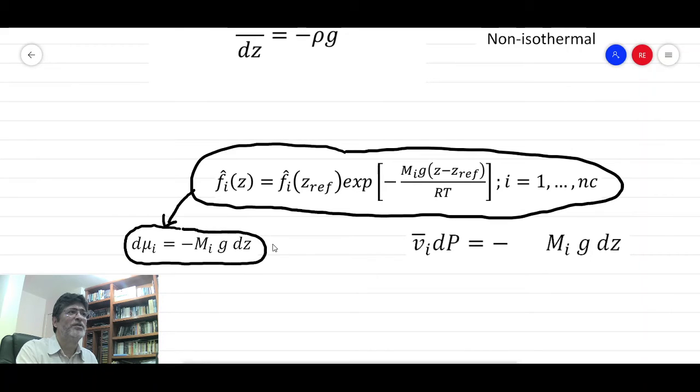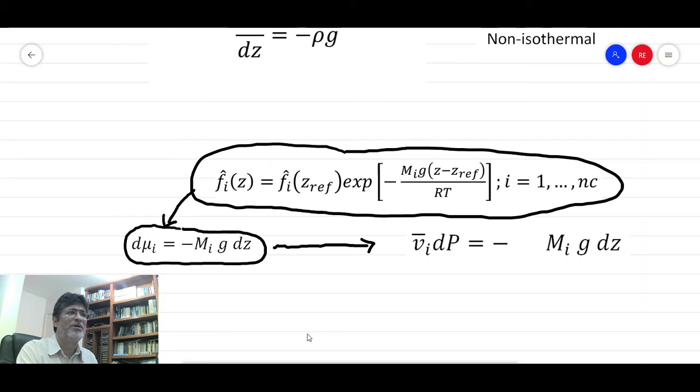And now, if we replace the expression for the chemical potential in an isothermal system, because when we deal with equilibrium conditions modified by gravity, the system is, by hypothesis, isothermal, then d mu_i is equal to v_i dP. This is very important.